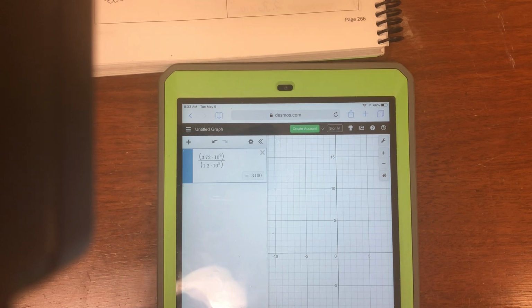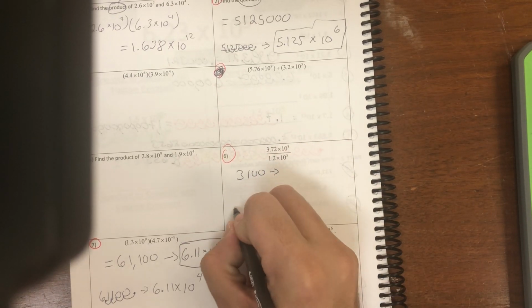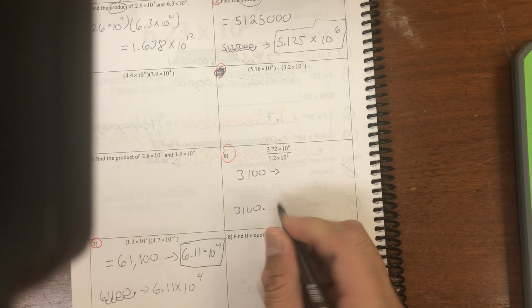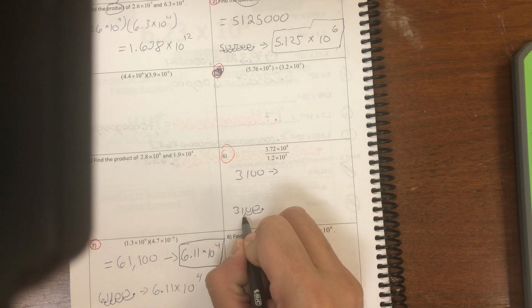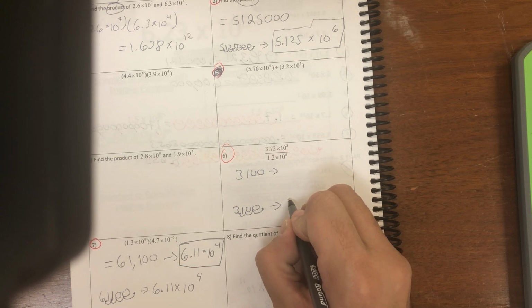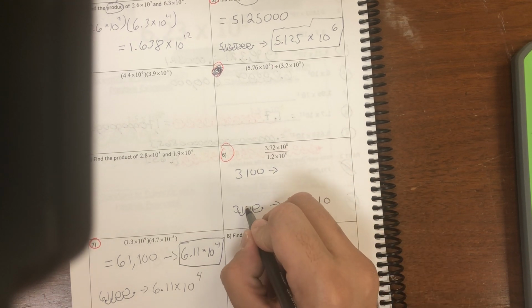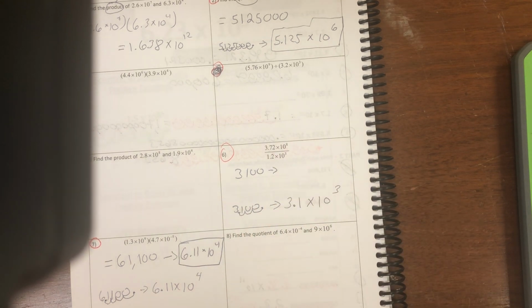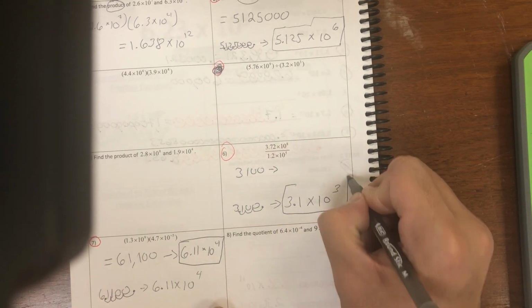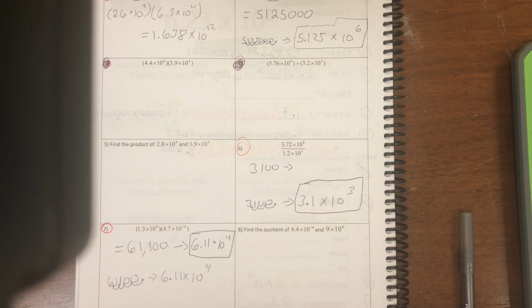And now my answer is 3,100. And if I convert that into scientific notation, I will move my decimal in between the 3 and the 1, and my notation will be 3.1 times 10 to the power of 1, 2, 3. Okay, and there's my answer. Let me know if you have any questions whatsoever.